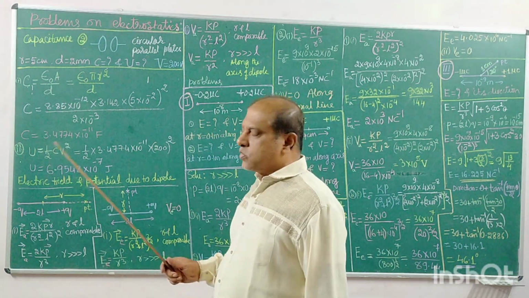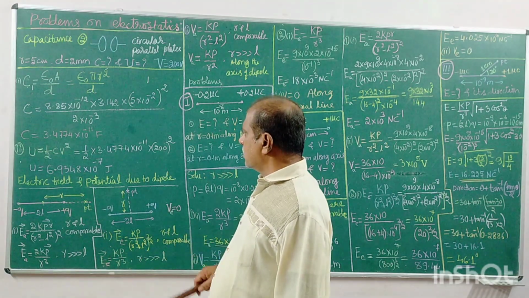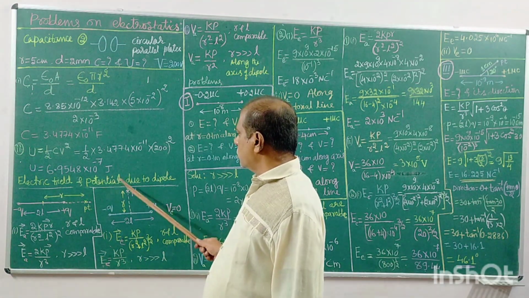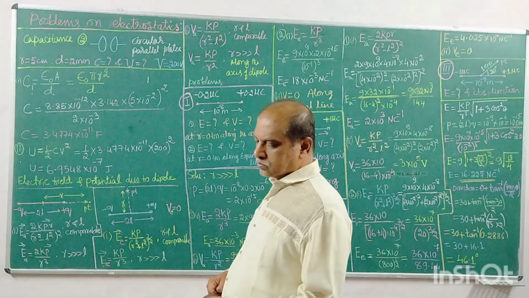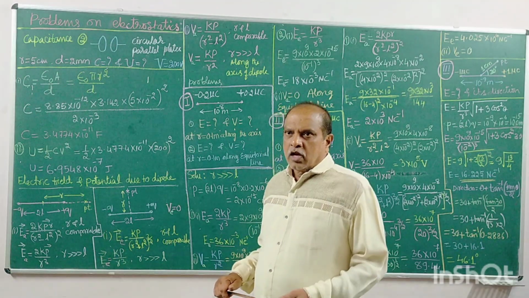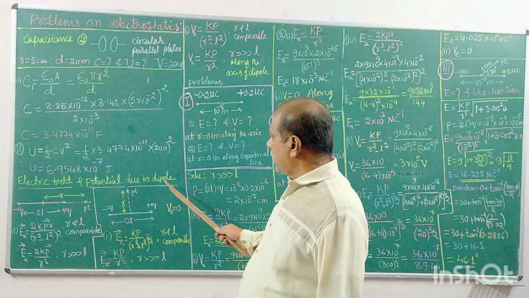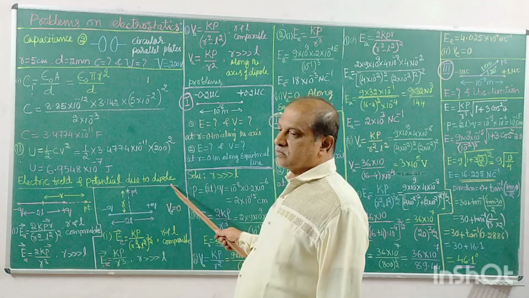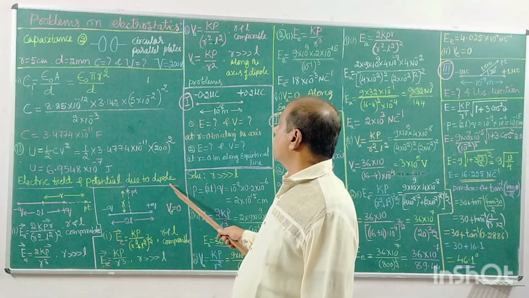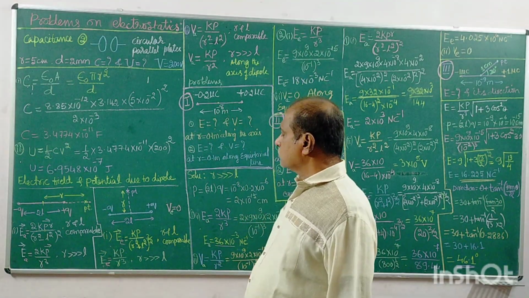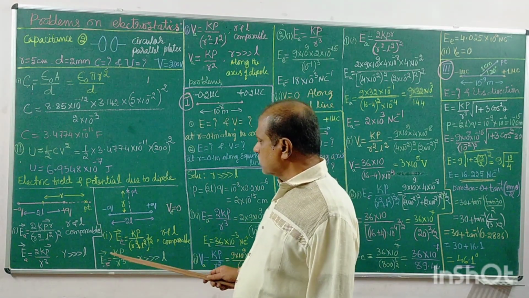Next, let us move on to the problems on electric field and potential due to dipole. Let me recall the dipole and its axis, then we go for the problems. So this is the same dipole.